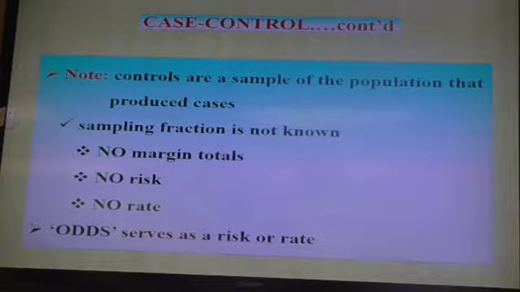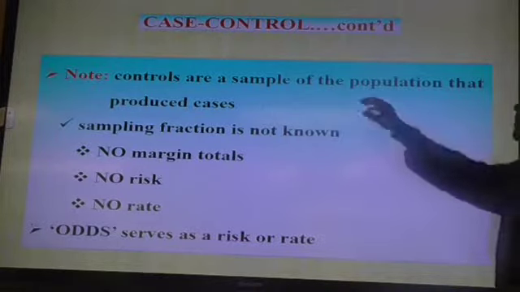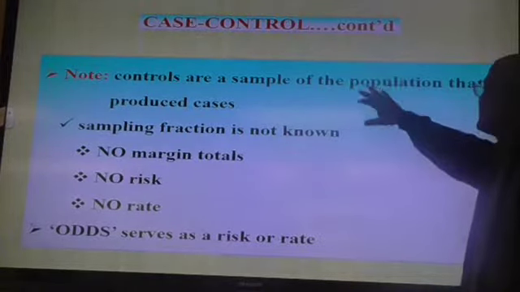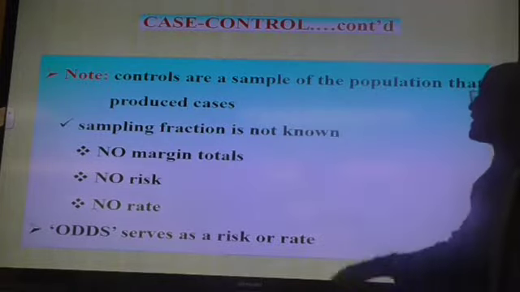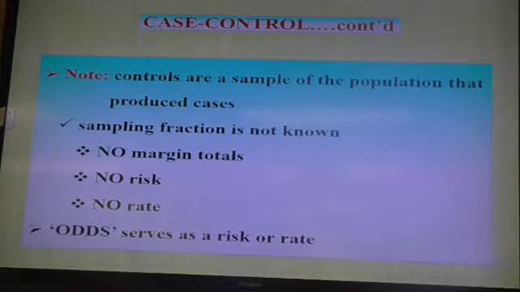Now, once you select your case, controls are a sample of the population that produced the case. That means if you have one case, for example, then most of the time they match 1-to-1, so you pick one control.